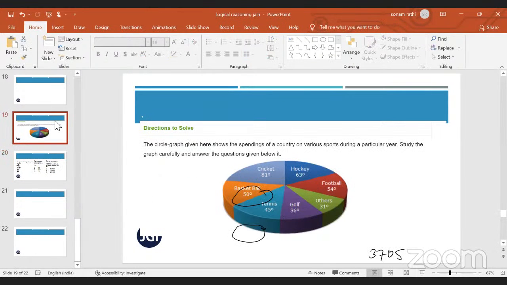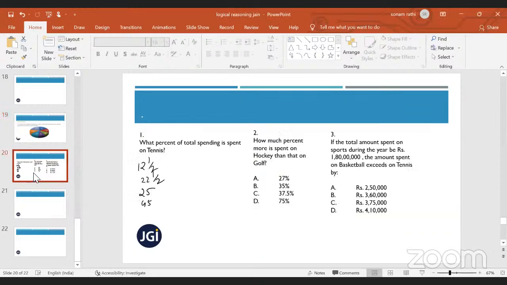This is the data. Remember, this is given to you in degrees. Can you see 54 degrees, 31 degrees? So first you have to convert the degrees into percentage, and then start solving this.